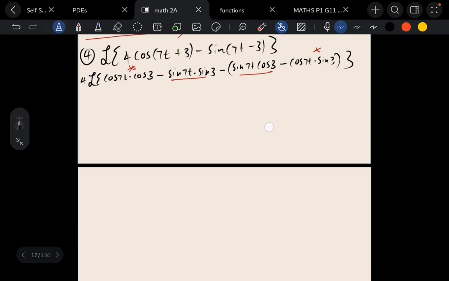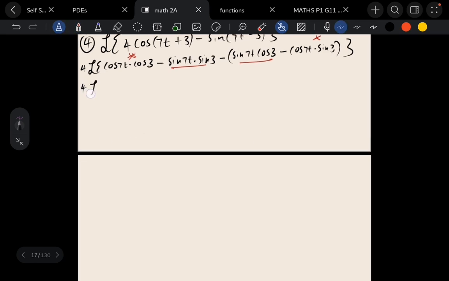So we are going to have 4 times the Laplace transform of cos 7t in brackets (cos 3 minus sin 3), and then minus sin 7t in brackets (sin 3 plus cos 3).